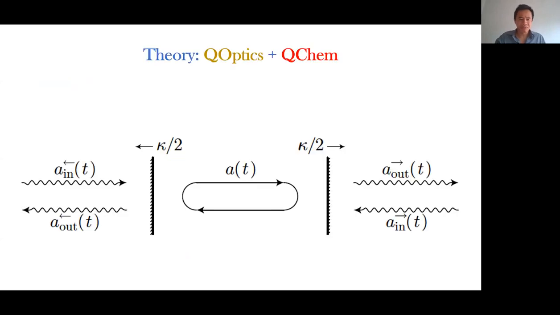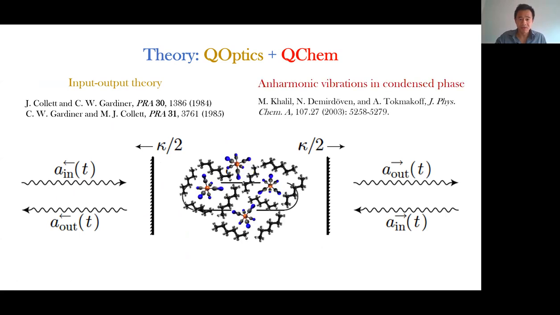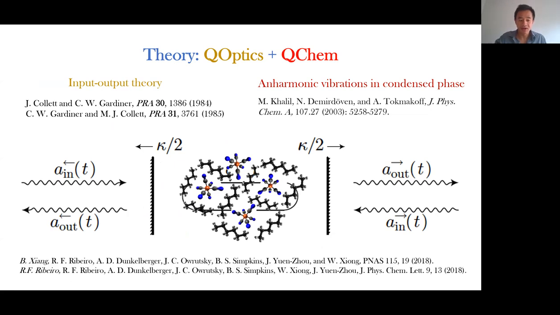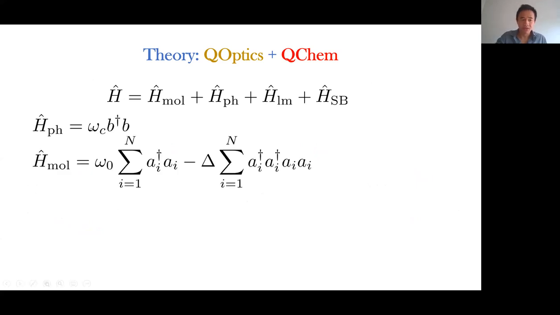So what we did was we combined the input-output theory from quantum optics with the theory of anharmonic vibrations in condensed phases developed for 2D IR. And what was important to model this spectra was to say, okay, the photon is a harmonic oscillator.